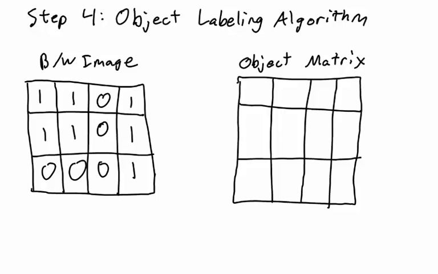Here's how the object labeling algorithm works. We're going to start by keeping track of the highest label number. At the beginning of the algorithm, the highest label number is 1.